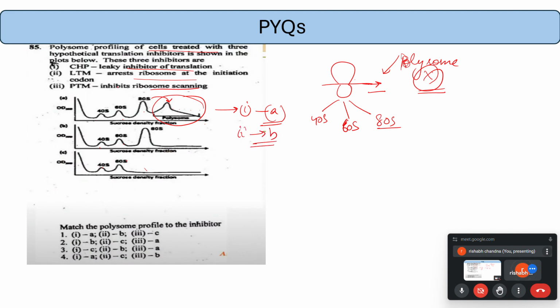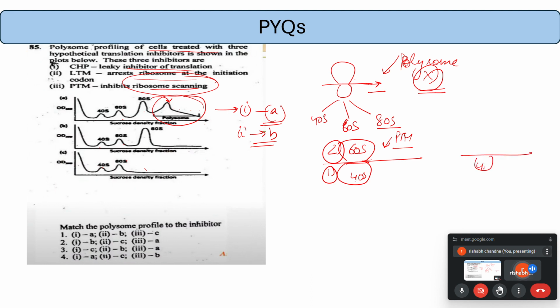Then we have PTM, which inhibits ribosome scanning. So how does the ribosome scan? First, the small subunit binds. Then it scans the Kozak sequence and positions itself there, finding the first initiation codon. Then the 60S subunit comes. So this comes first and this comes second. If PTM is applied here, then ribosome scanning is inhibited. So what will happen?